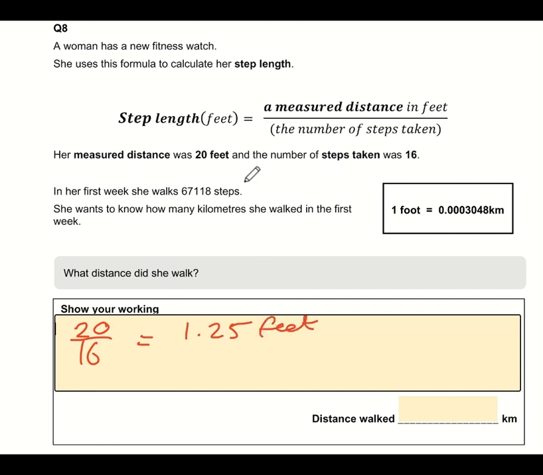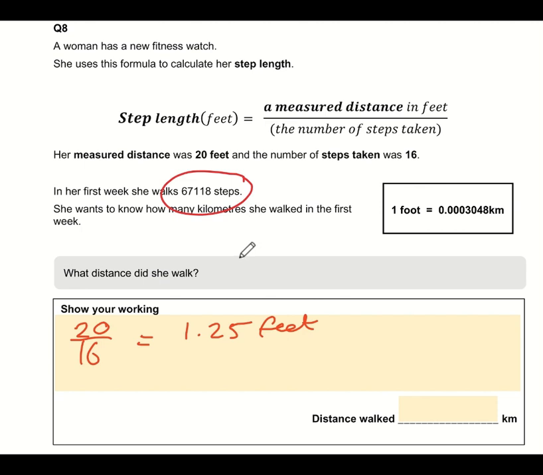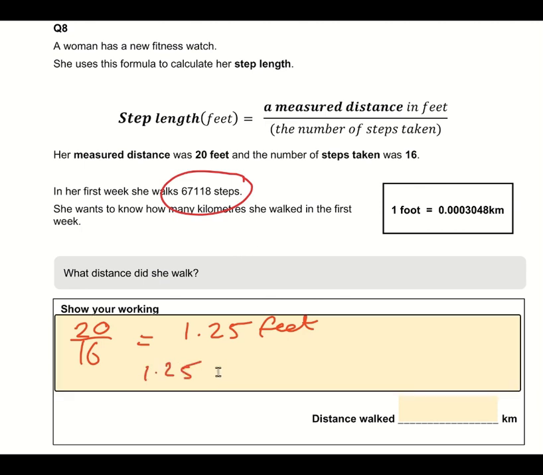Okay, so she walks 67,118 steps, so 1.25 feet multiplied by 67,118 comes to a total of 83,897.5 feet.